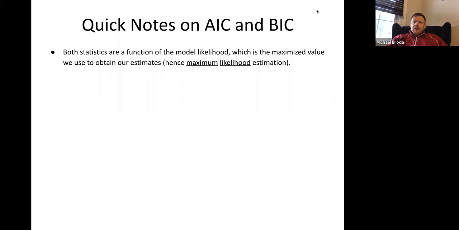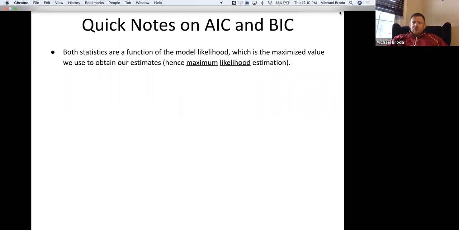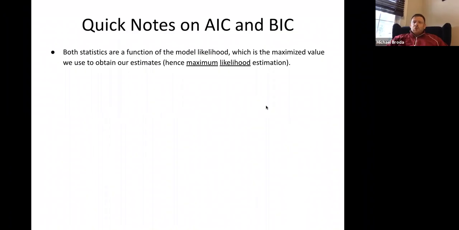Both of these statistics are possible because we use what's called model likelihood, which we obtain using maximum likelihood estimation. So remember, maximum likelihood is an estimator. It's the way in which we get the estimates to our equations, and it's sort of a fiddling thing where you're adjusting lots of different possible values, and you end up with a solution when the likelihood is maximized, hence maximum likelihood.